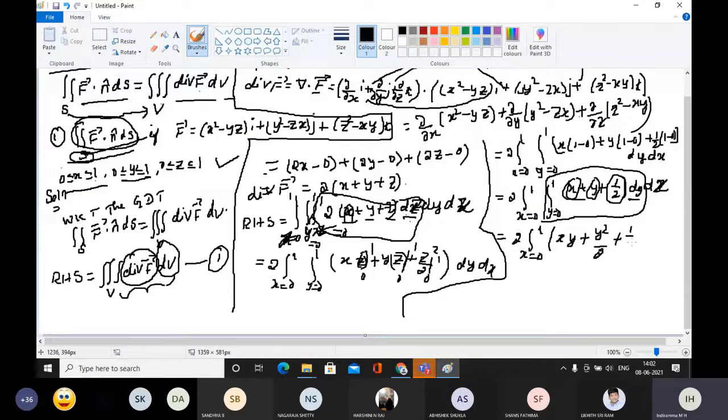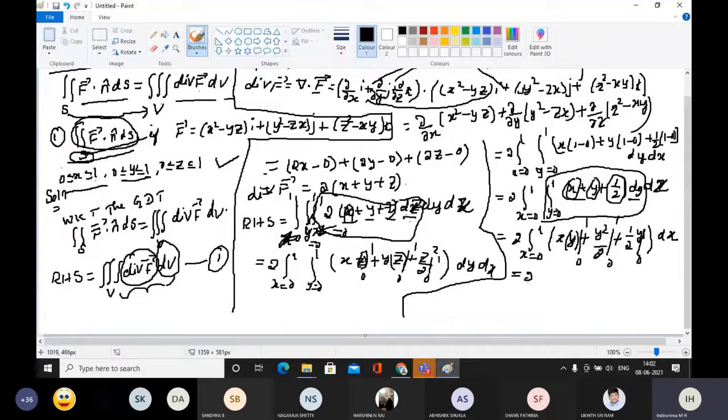What's the integration of 1 by 2 with respect to y? 1 by 2 into y, dx. After the integration, apply the limit only for y, 0 to 1. Okay, now apply the limit.